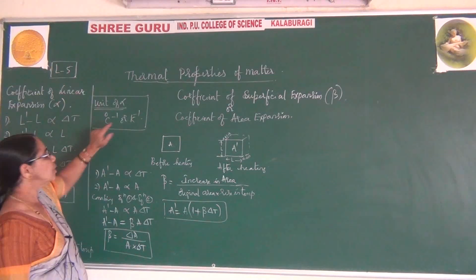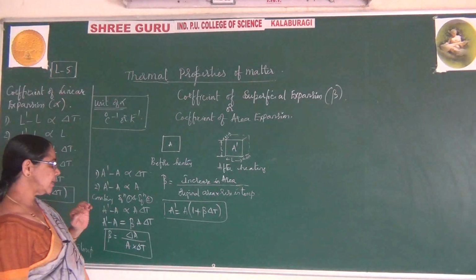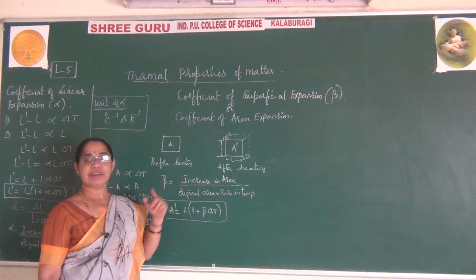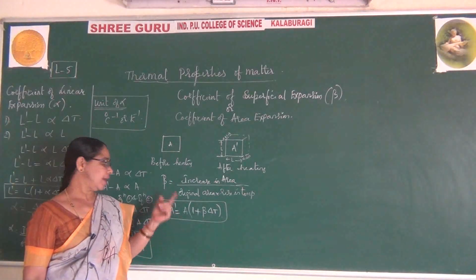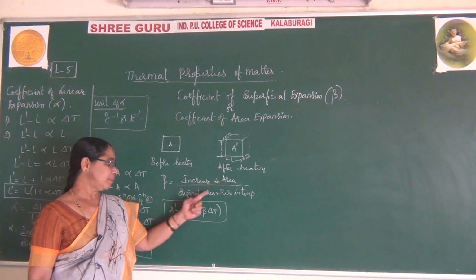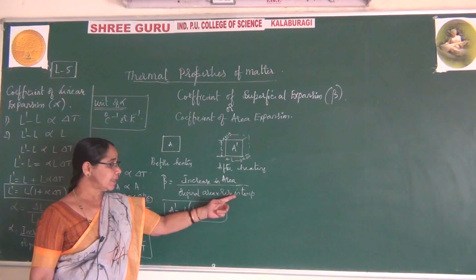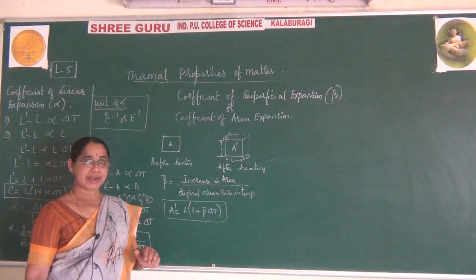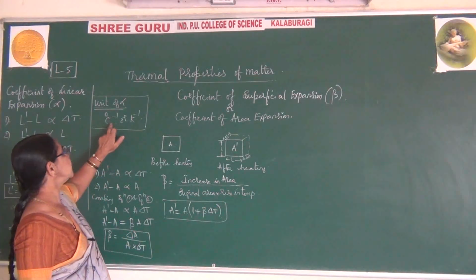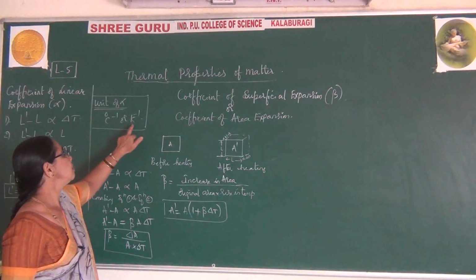Now the same units will be there, because in the last class I said area is always measured in meter square. Here it is also meter square, so meter square gets cancelled. Rise in temperature is in the denominator, so you get per degree centigrade in the CGS system, or per Kelvin in the SI system. The units of beta are per degree centigrade or per Kelvin.